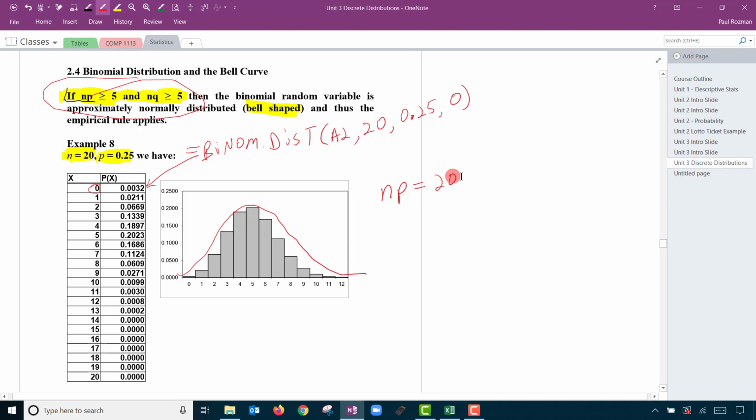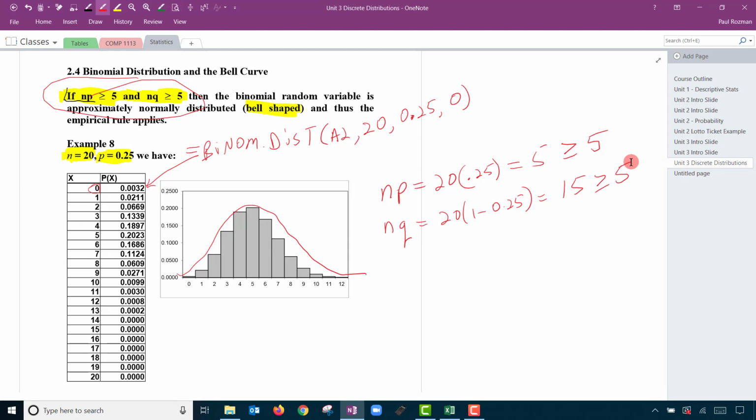np is 20 times 0.25, which is 5. And nq is 20 times 1 minus 0.25, which is 15. The first one is greater than or equal to 5. The second one is greater than or equal to 5, so it checks out.